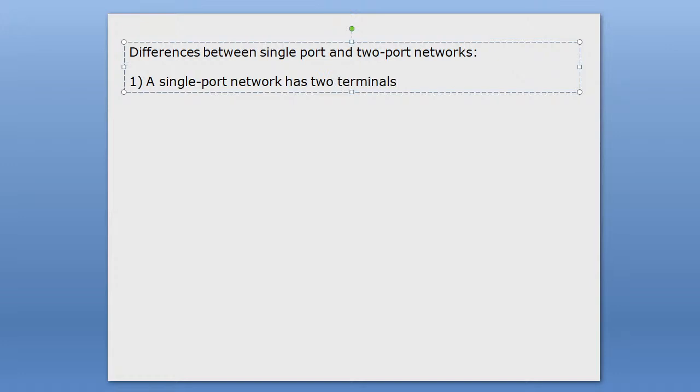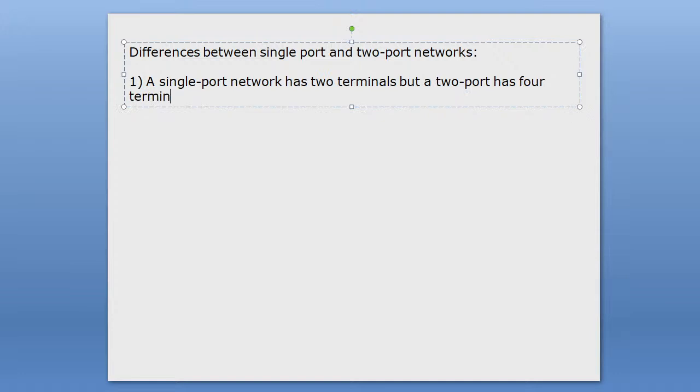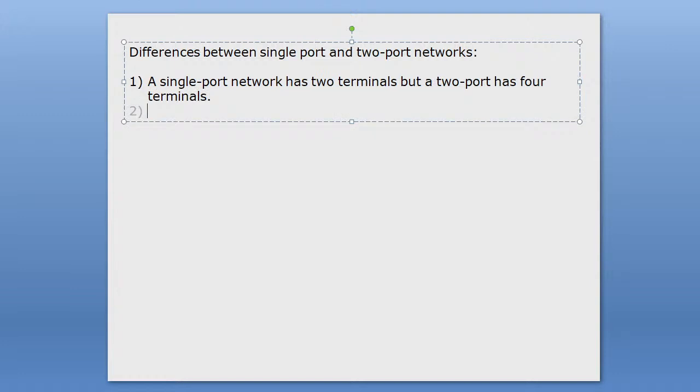On the other hand, a two-port network has four terminals. That means it has only one port, but a two-port network has two ports. You just write inside the bracket, two ports.